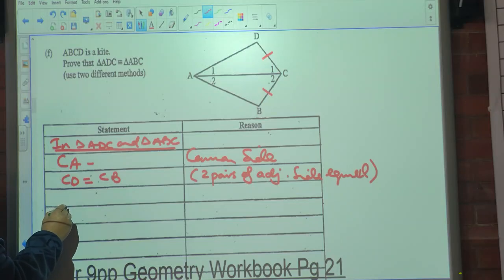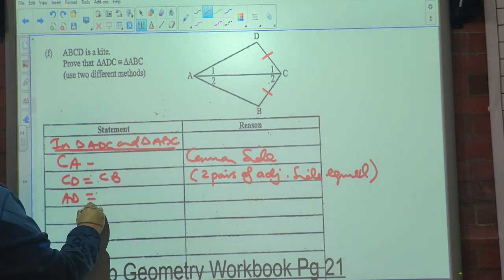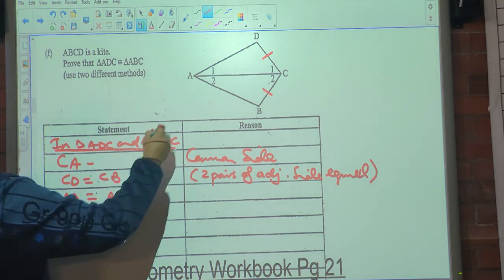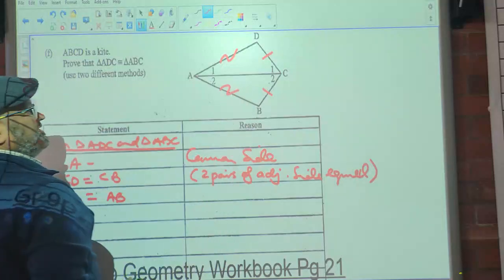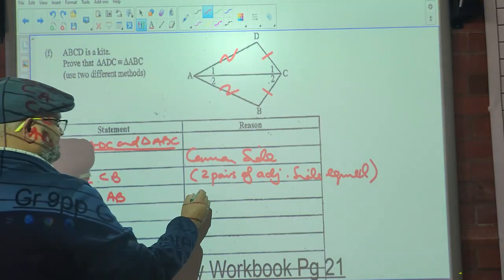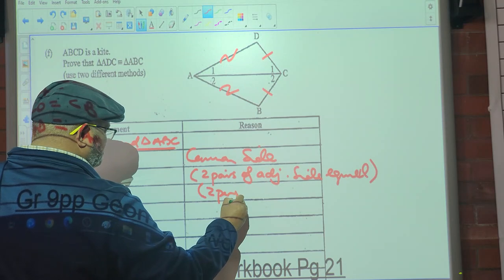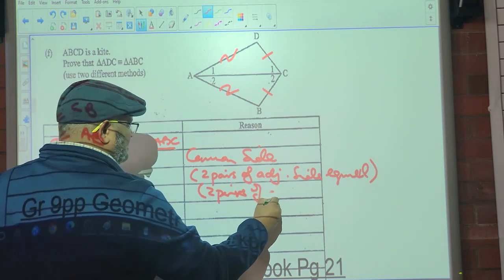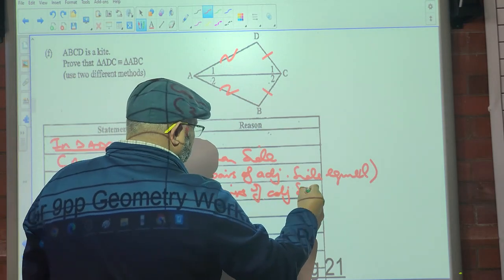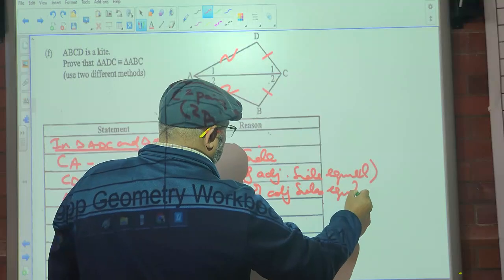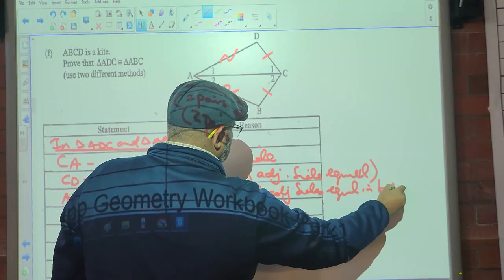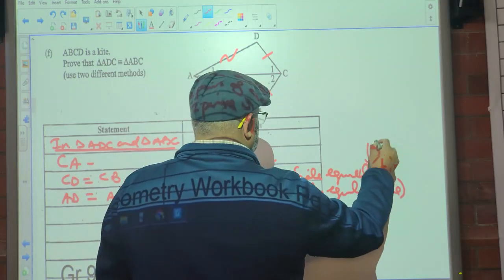Then AD is also equal to AB. Why is AD equal to AB? Because of 2 pairs of adjacent sides equal in a kite. It's supposed to say in a kite.